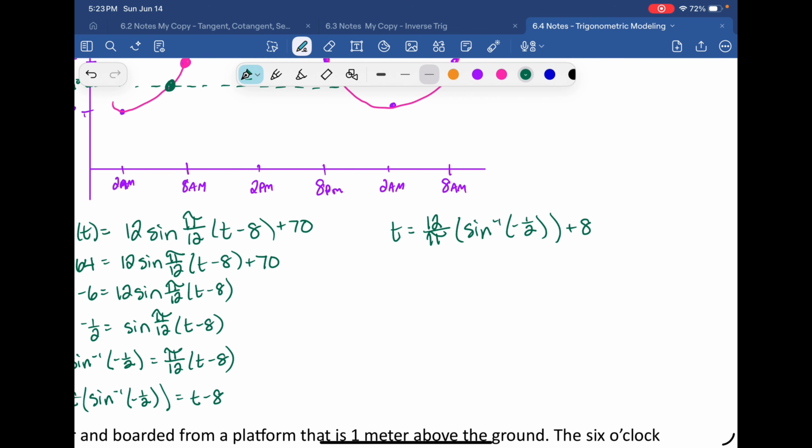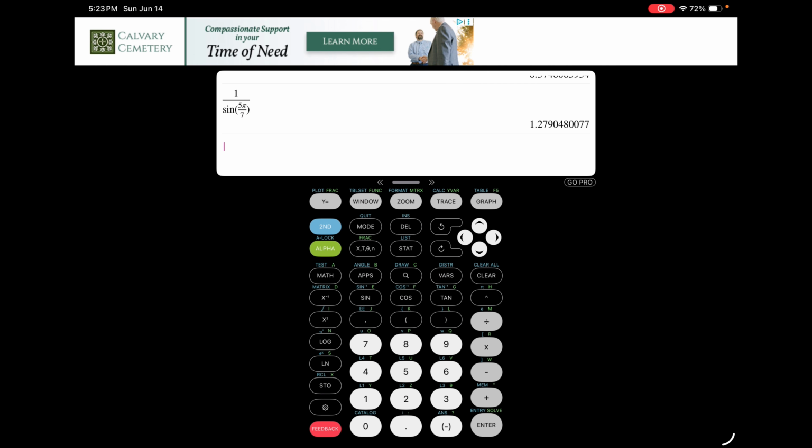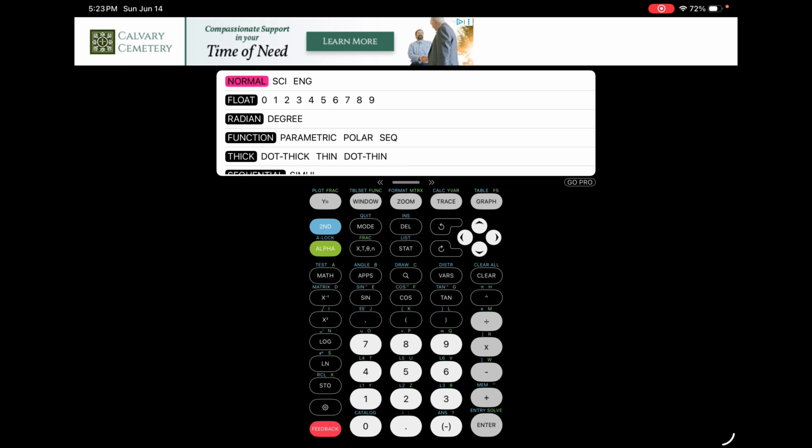That is 100% in your calculator because of that 12 over pi. So I'm going to show you on the big calculator, my 84. So 12 over pi times, I don't know what mode I'm in. I am in radians, okay.